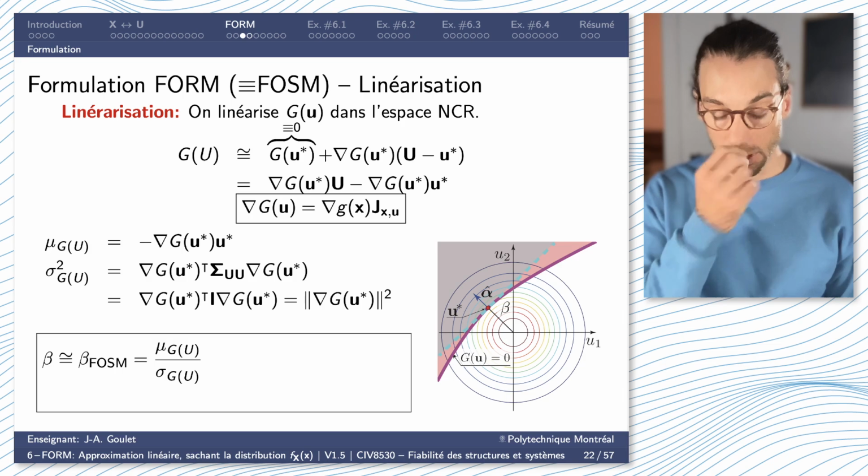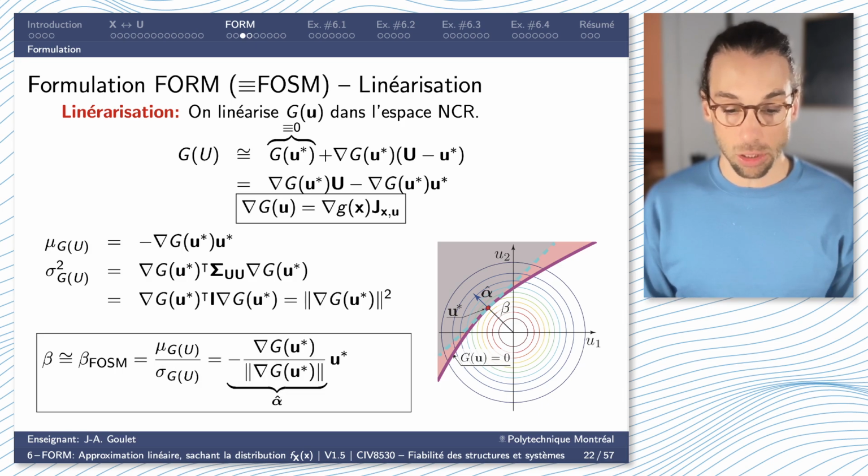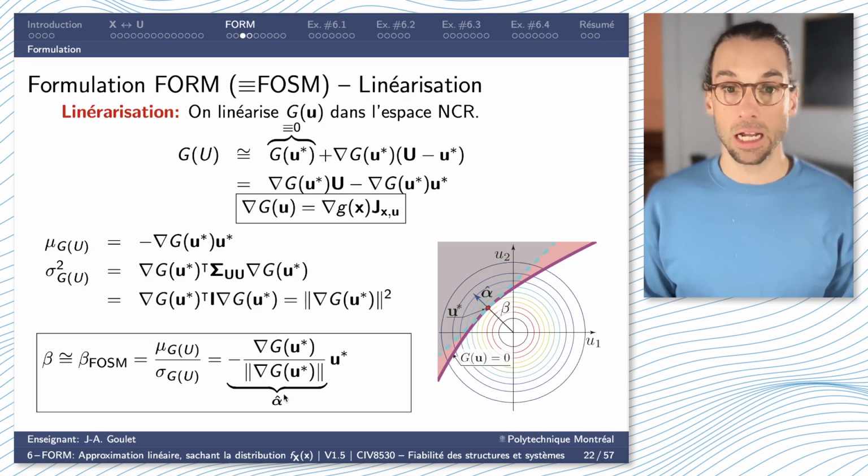So beta, as we saw, the distance between the origin and the point here, is going to be equal to the ratio between the mean of g of u divided by the standard deviation. If we divide what we have here by the square root of what we have there, we get the negative normalized gradient vector.